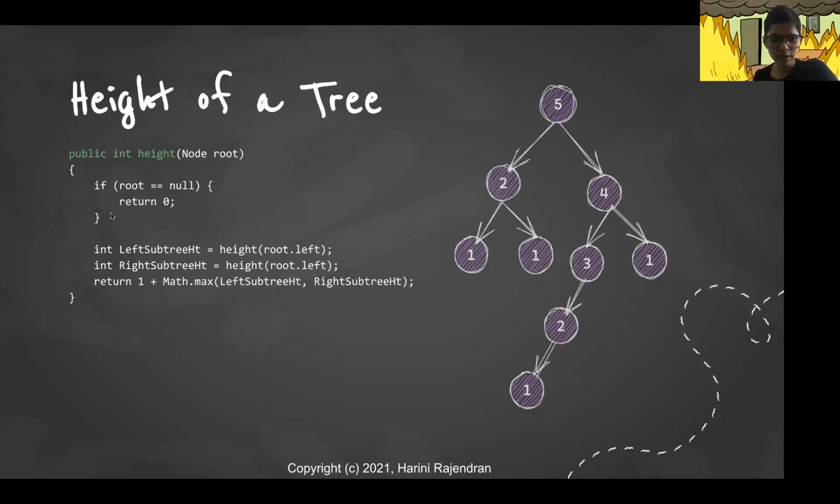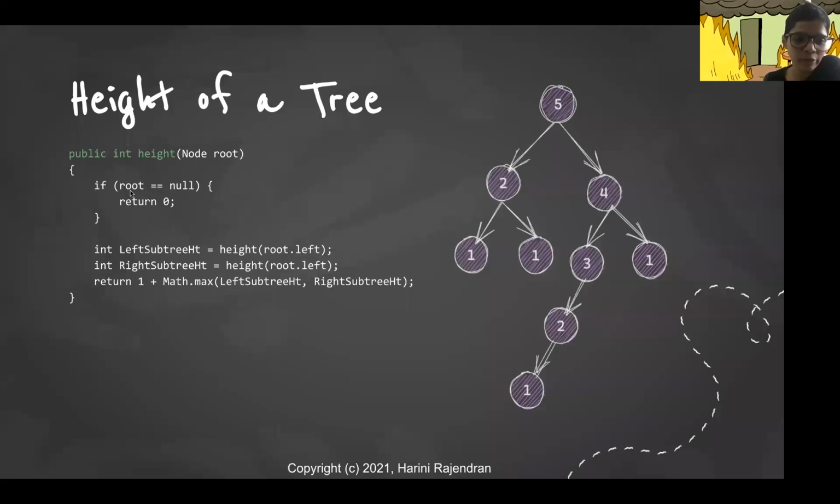We are just converting that logic into code here. If you are given a tree with the root node specified as root, and the root itself is null, then there are no elements in the tree. In that case, the height of the tree is 0.